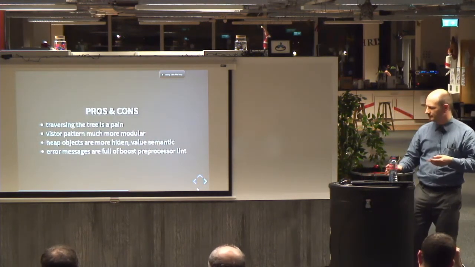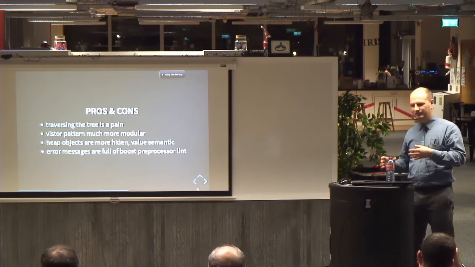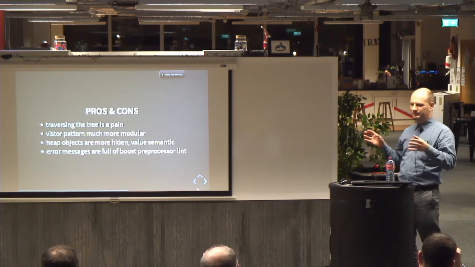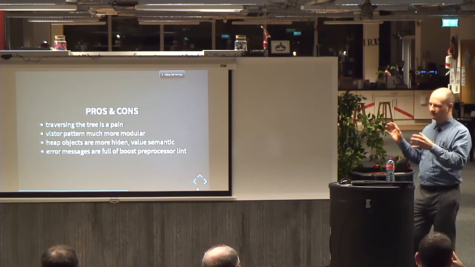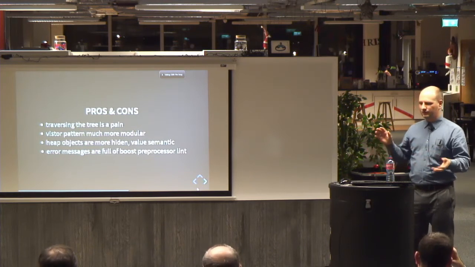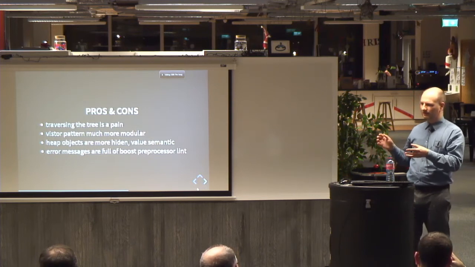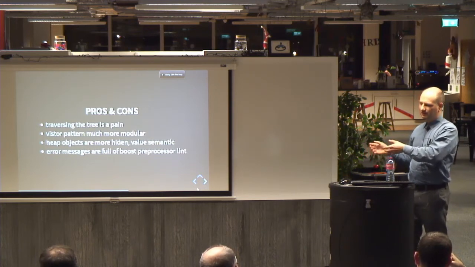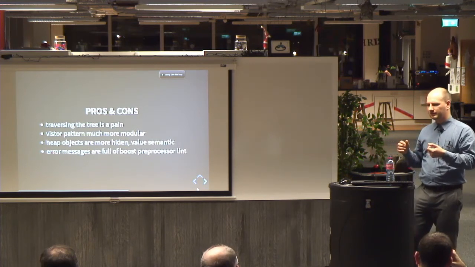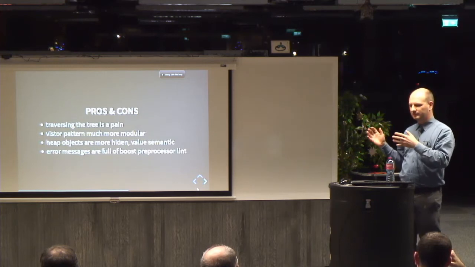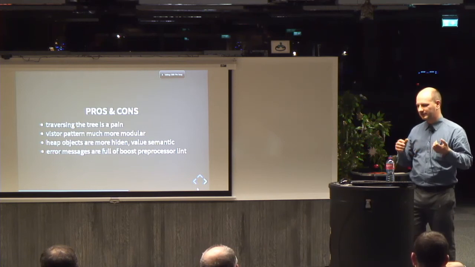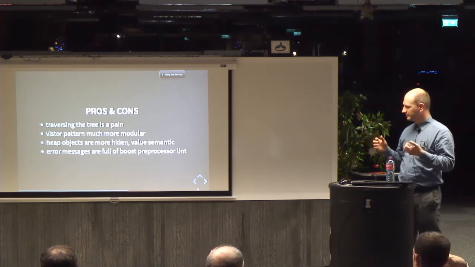My experience with it is that traversing the variant tree is a little bit problematic, because variants have value semantics, but for traversing the tree you often want to return an address to the node which you found, and often you get only a temporary object, and if you return an address to this object, you end up in segmentation faults and so on.